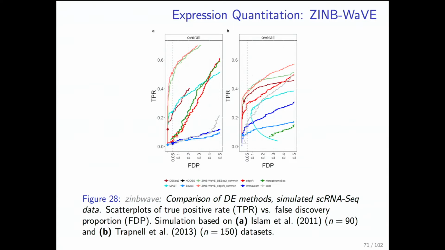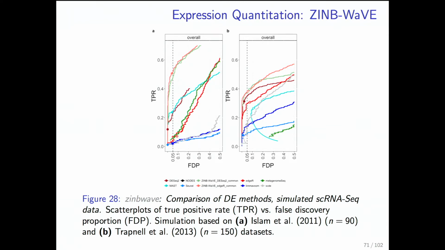In particular, this is a comparison of various differential expression methods on simulated RNA-Seq data. These are scatter plots of true positive rates versus false discovery proportions. So it's in a simulation setting, so we know which genes are differentially expressed and which are not. And the 2 curves here at the top that perform best are standard bulk RNA-Seq differential expression methods.